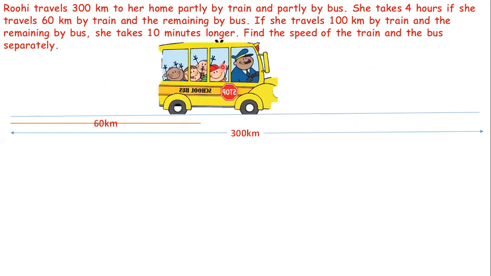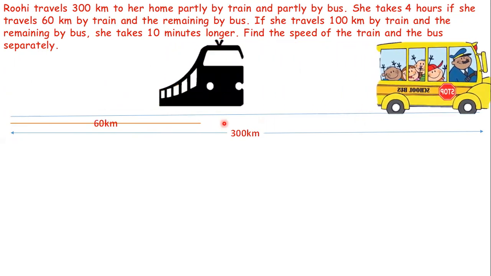And after that, what is the remaining distance? 300 minus 60 is 240. So the remaining distance she travels by bus. So 240 km she travels by bus. And she takes 4 hours.